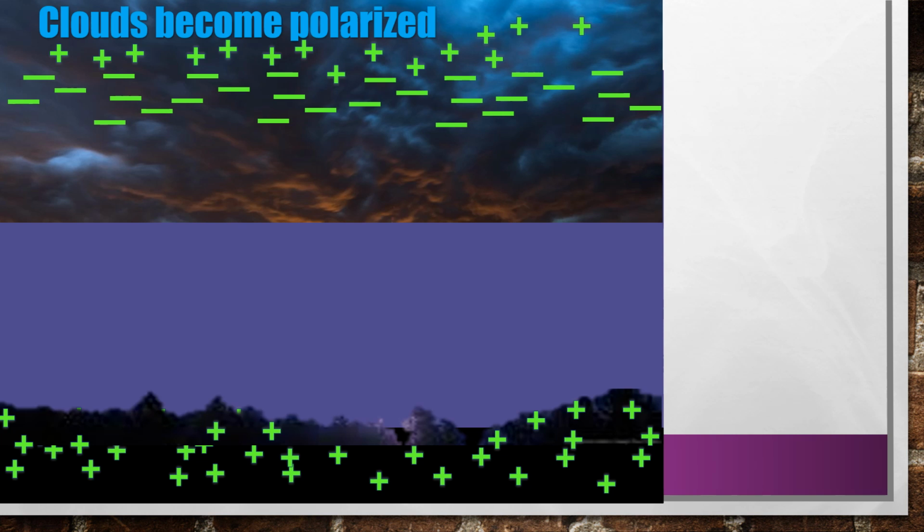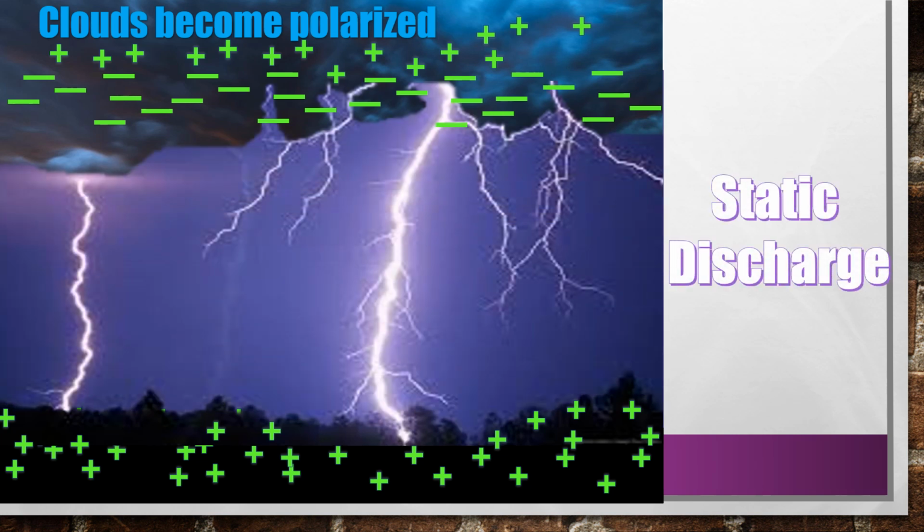And when I have all these really high amounts of negative charges in the bottom of the clouds and all of these positive charges on the ground, then when the cloud gets low enough, we have the static electricity that's going to happen, right? So all of this lightning can happen, and lightning can go in three different directions.